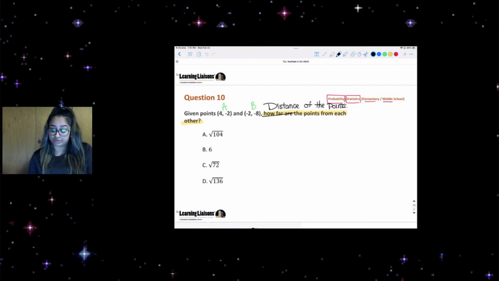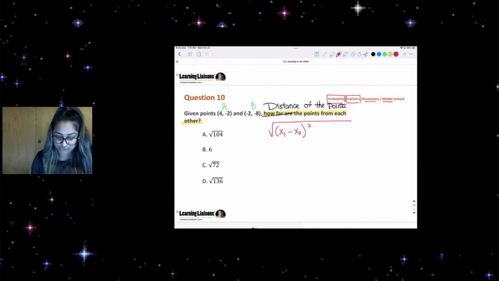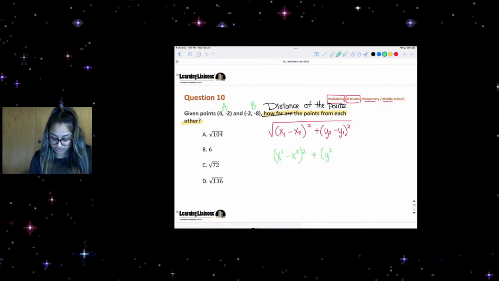So let's start with what the formula is. The formula is the square root of what? x1 minus x2 squared plus y2 minus y1 squared. It's very important that you do not write the following: x to the first minus x to the second squared plus y to the second minus y to the first.